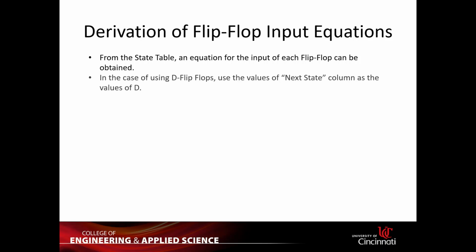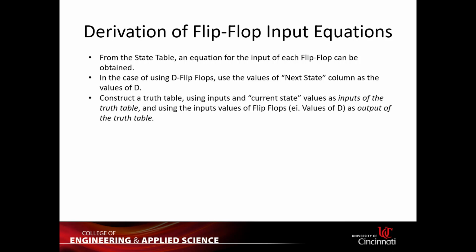In the case of D flip-flop, use the value of next state as the column for the value of input D. You can construct a truth table using the inputs and the current state as inputs of that truth table, and using the value of the flip-flop input, such as the D input value, as the output of your truth table.